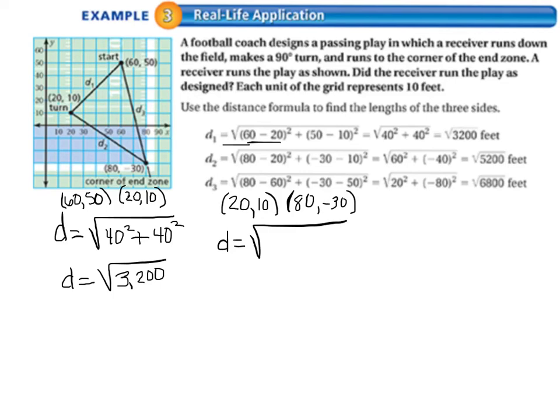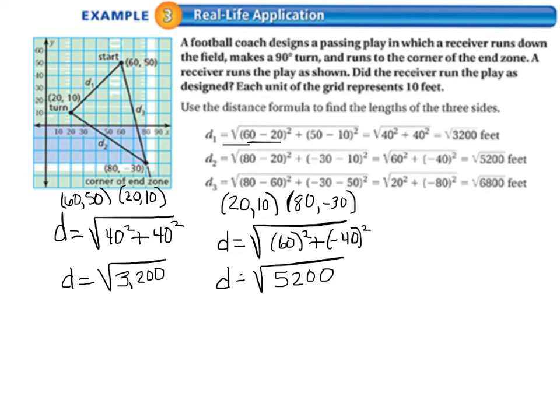So I'm going to just take 80 minus 20, subtract your x values, that gives me 60 squared, plus negative 30 minus 10, which is negative 40 squared. That would give me 60 squared, which is 3,600, plus 40 squared, which is 1,600. That gives me the square root of 5,200.